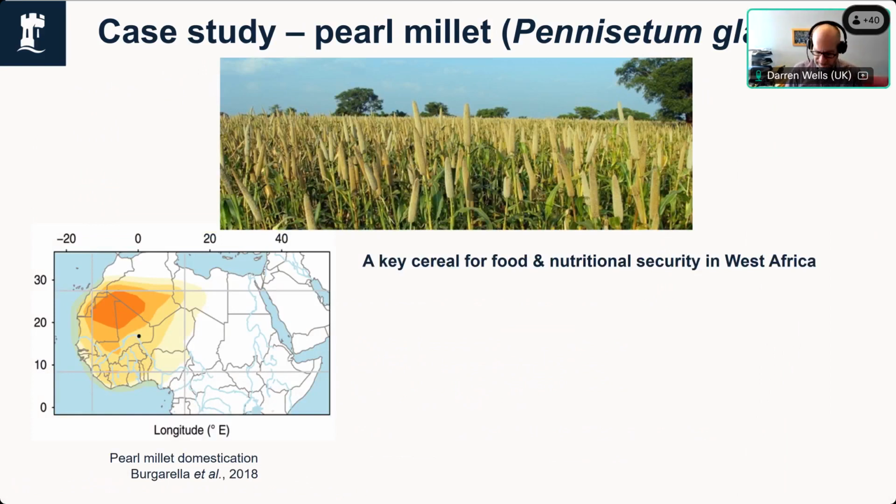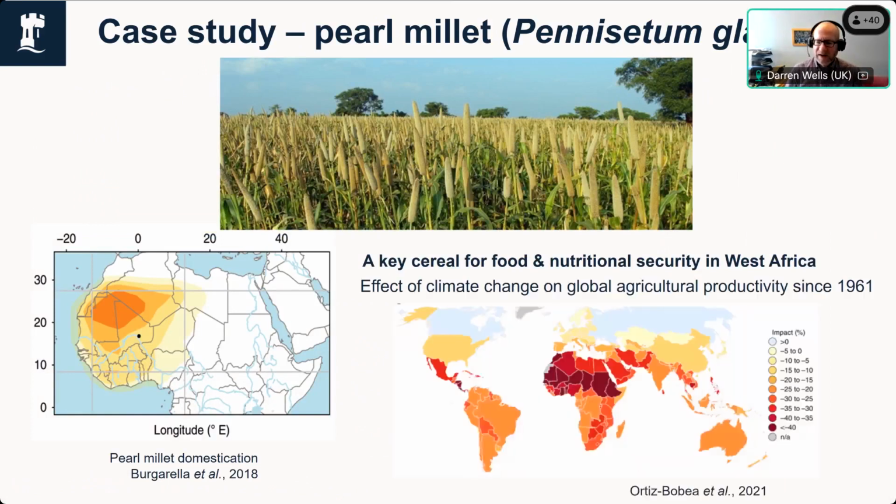A problem facing pearl millet is, if you look at the places where climate change has affected productivity the most, that part of West Africa is absolutely top of the list. It's bright red in that image. This is a minus 40% impact on agricultural productivity that's been attributed to climate change. So millet, which is already a very hardy cereal because of where it's grown, is facing even more threats.